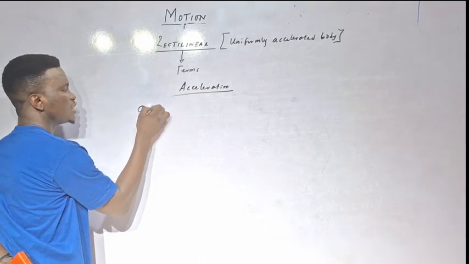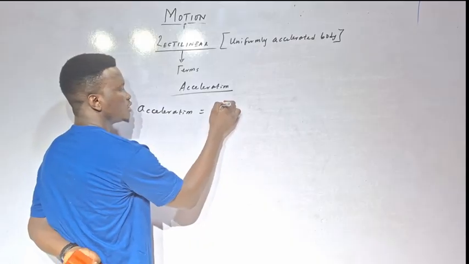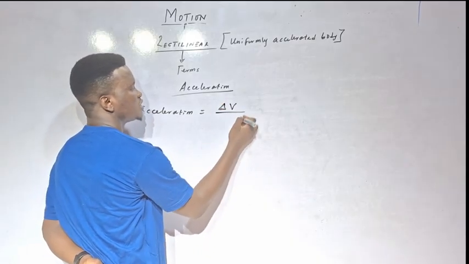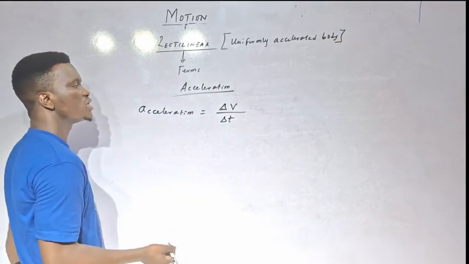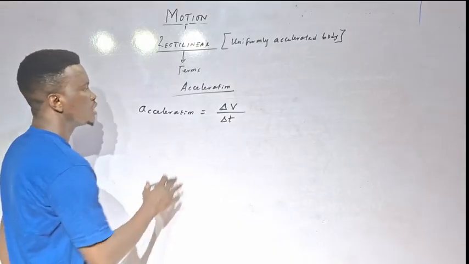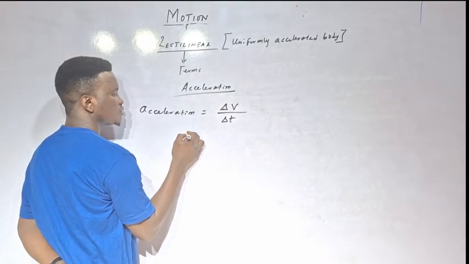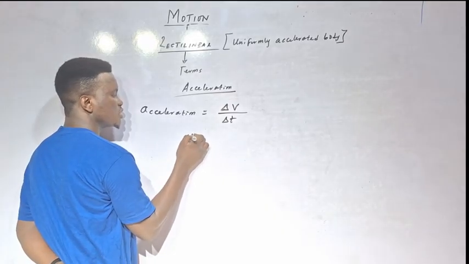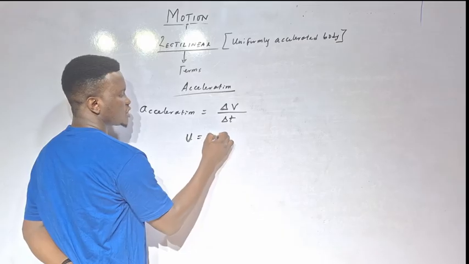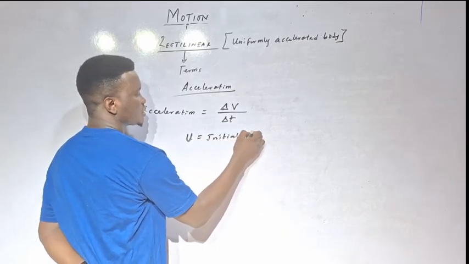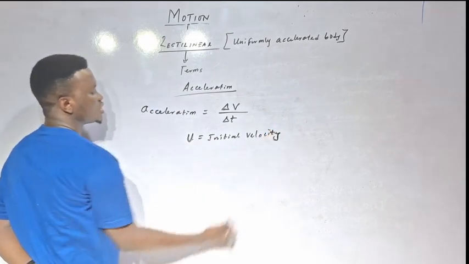So you can say that acceleration is increase or decrease in velocity over time. So change in velocity over change in time, that is acceleration. Now, one thing you need to note is that if a body starts with a velocity u, usually you call u the initial velocity.